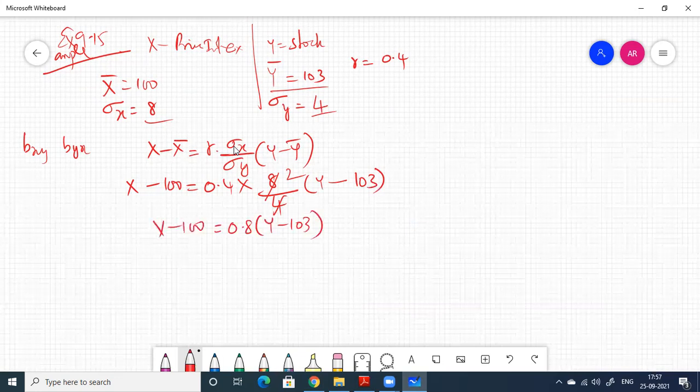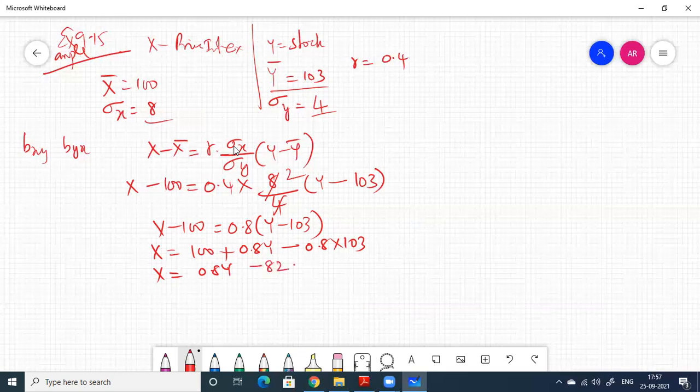First you should get the X equation. X is equal to 100 plus 0.8 Y minus 0.8 into 103. How much is 0.8 into 103? You'll have to find it now. 0.8 into 103 is 82.4, plus 100.